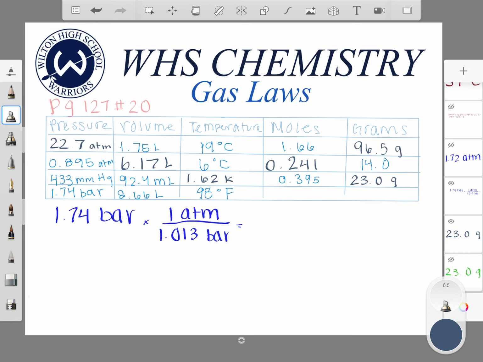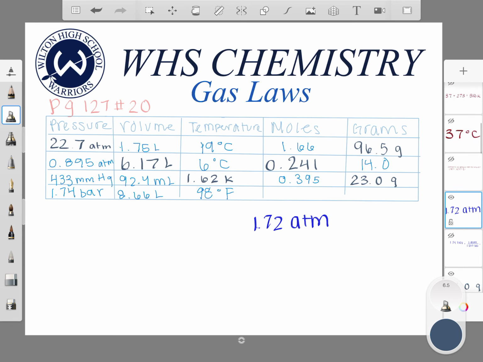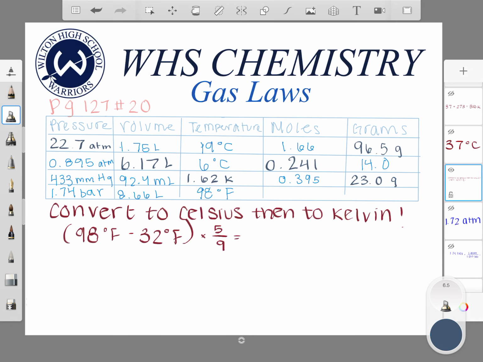Okay. So then, as you can see in the next row, the pressure is in the units of bar, so we're going to have to convert that to atmospheres. So just using this conversion factor, we're going to get 1.72 atmospheres. And then next we're going to convert to Celsius first. Okay, so we're in Fahrenheit, so we're going to convert to Celsius, then to Kelvin.